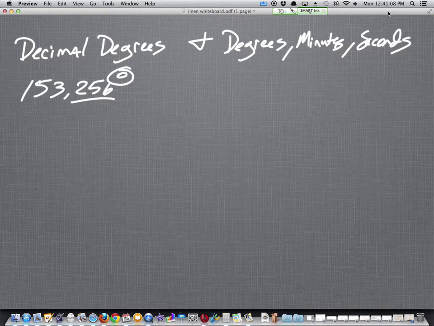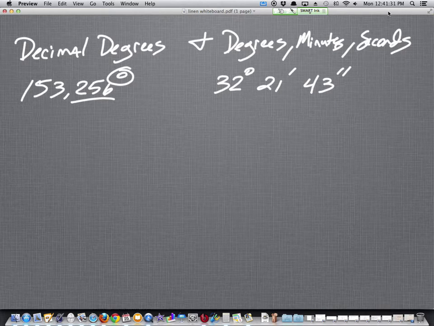And degrees, minutes, and seconds is a lot easier to write, as you will see. An example would be 32 degrees, 21 minutes, and let's say 43 seconds. That's an example of what degrees, minutes, seconds would look like.